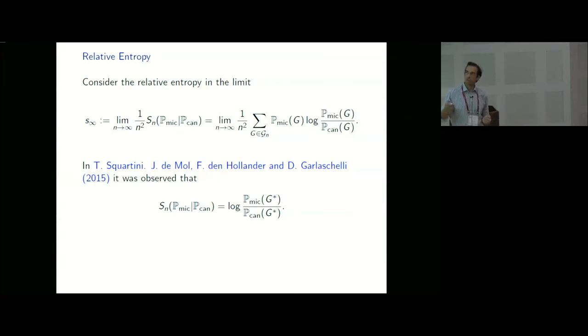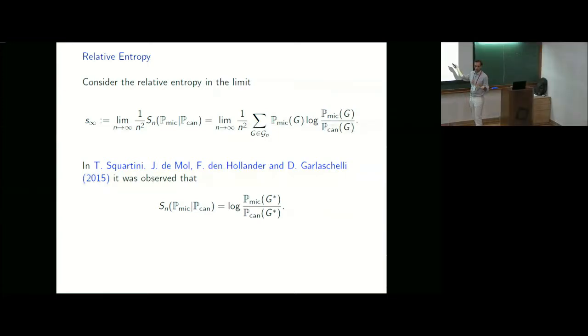So in this whole sum, you only need to take graphs in G_n star, so graphs that fix this constraint, and here this is 1 divided by the number of these graphs, and the canonical ensemble essentially assigns equal mass to all these graphs that satisfy the constraint. So if you sum up over all these graphs, the first term cancels, and then you take the logarithm.